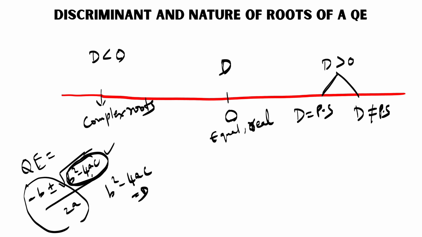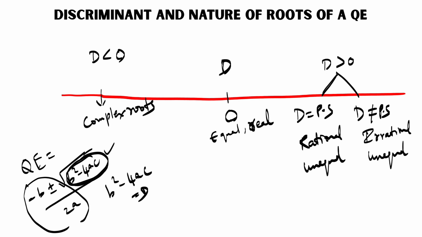If it is a perfect square, then the roots will be rational and unequal, and if it is not a perfect square, then they will be irrational and unequal. So these three are the conditions of discriminants and the nature of the roots.